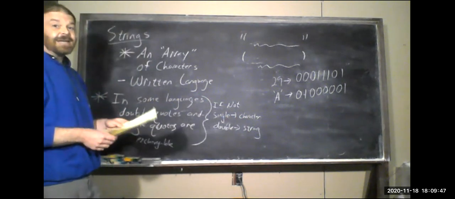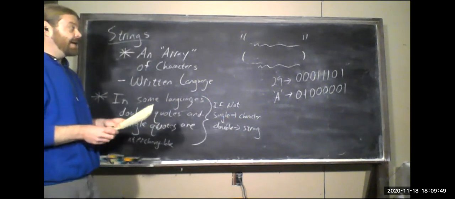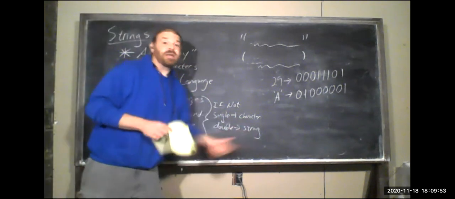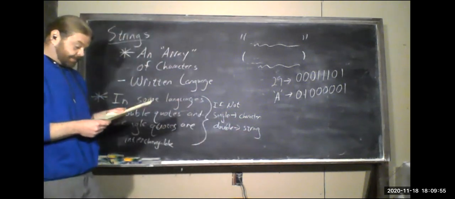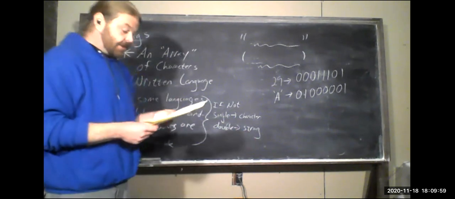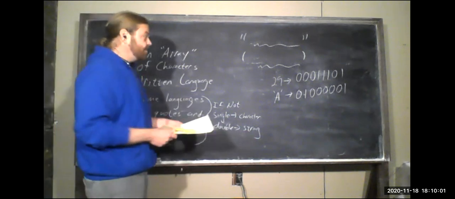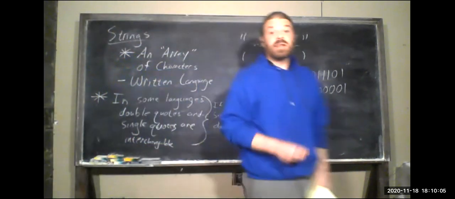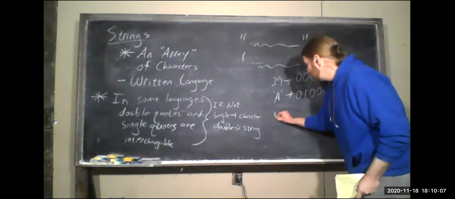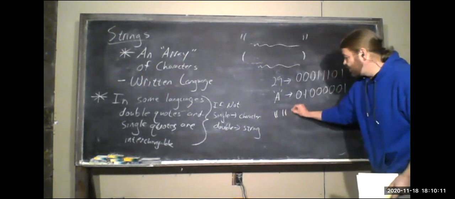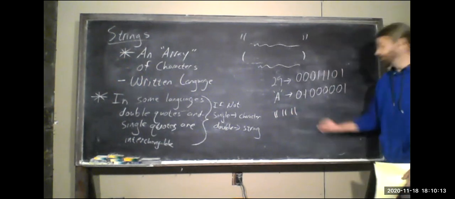Single quote marks and double quote marks are interchangeable. Single quote marks are for 1 character, and double quote marks are for lots of characters at once. So we can interchange those, and we also saw, at least briefly, in Python, we have the doc strings, which we open with 3 sets of double quotes.